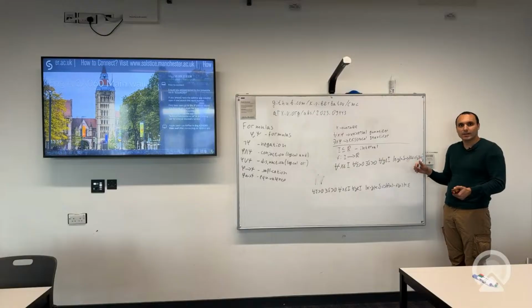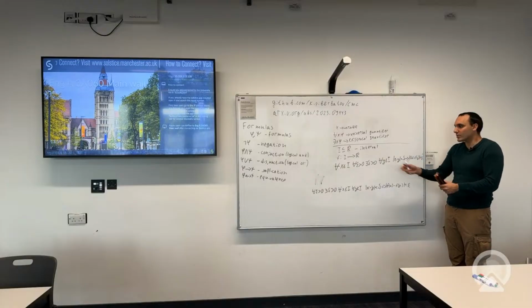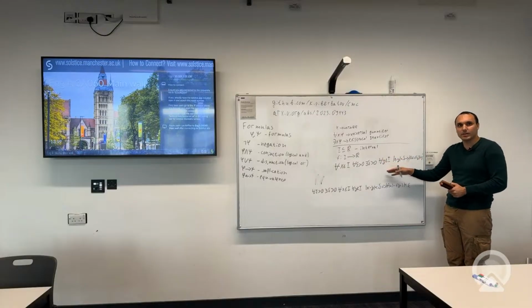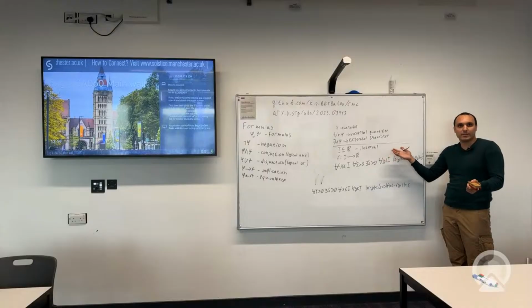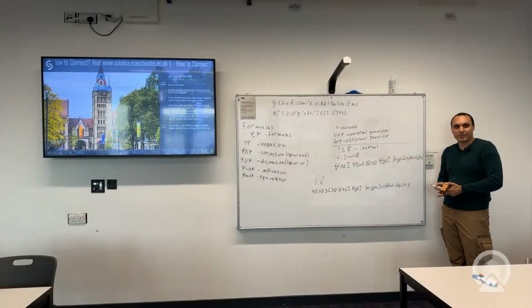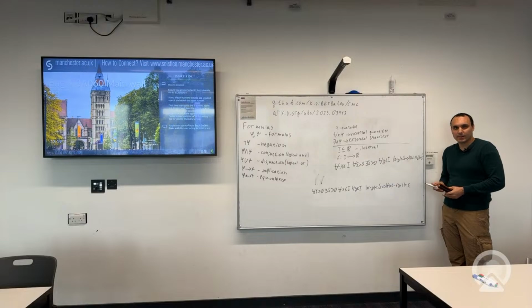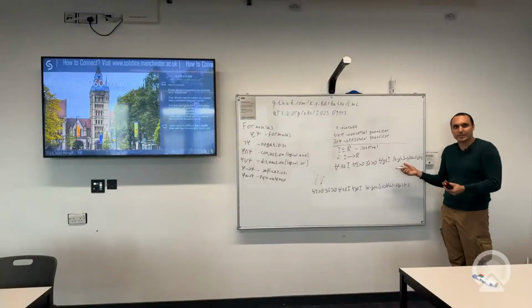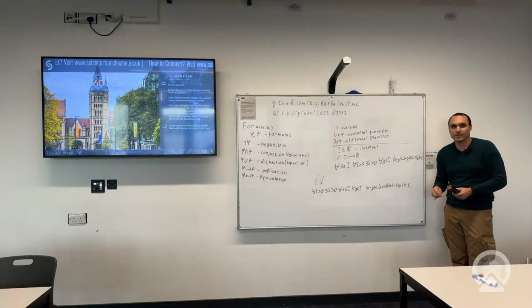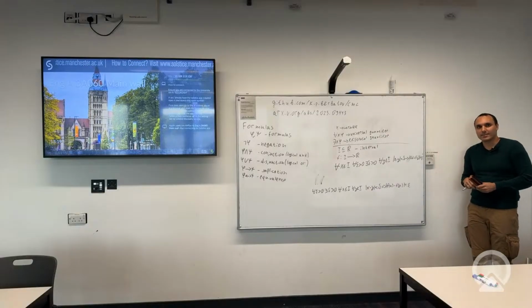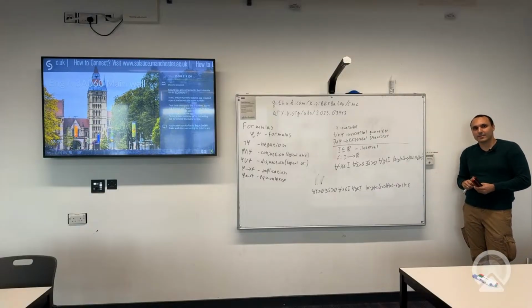What's the definition of this very well-known property? Continuity. Okay, and what's this one? This one is also continuity.